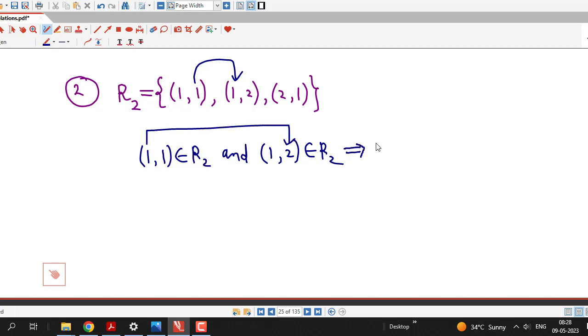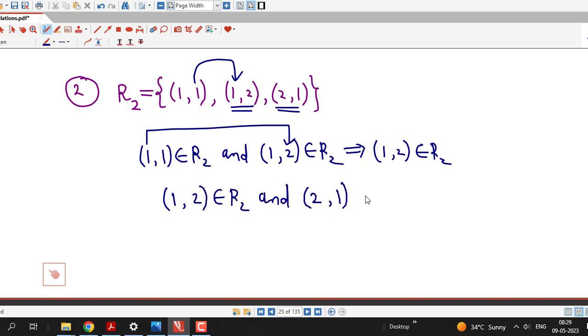This implies (1, 2) is also present in R2. Now there is no other pair whose first component is 1. So now we come here. We can see that (1, 2) belongs to R2 and (2, 1) belongs to R2. So we must have (1, 1) belongs to R2. So that is also satisfied.